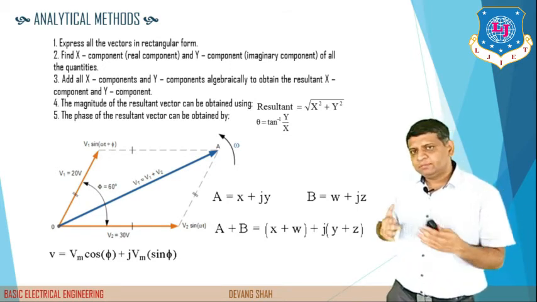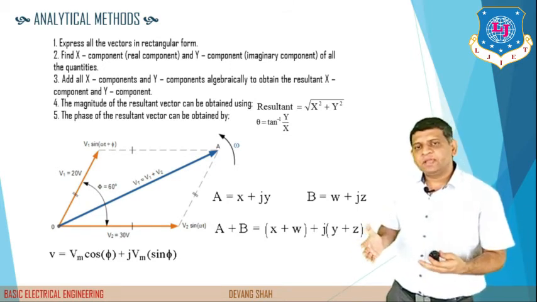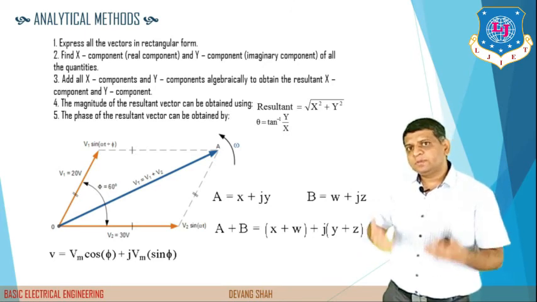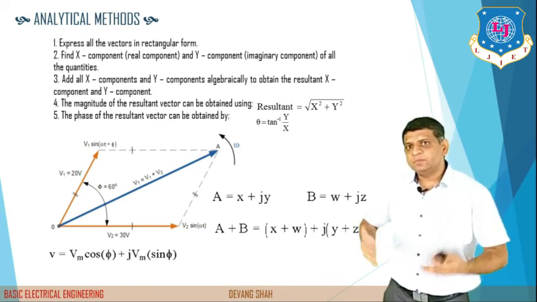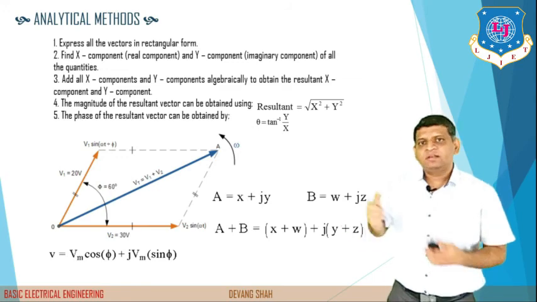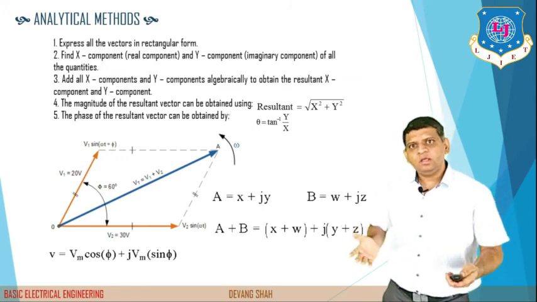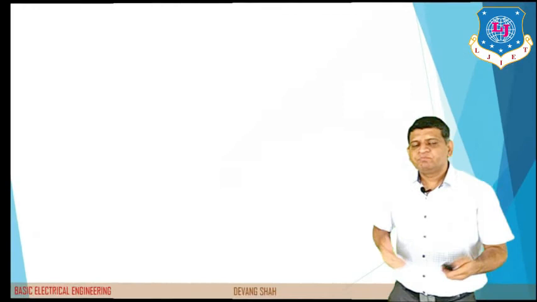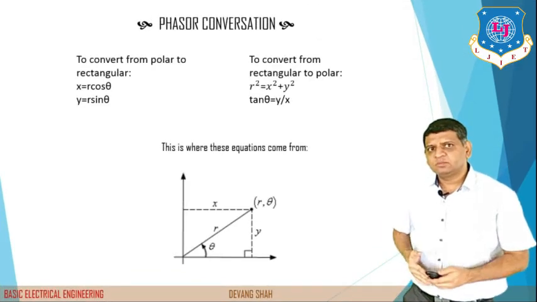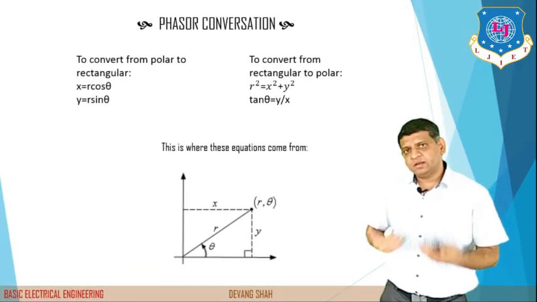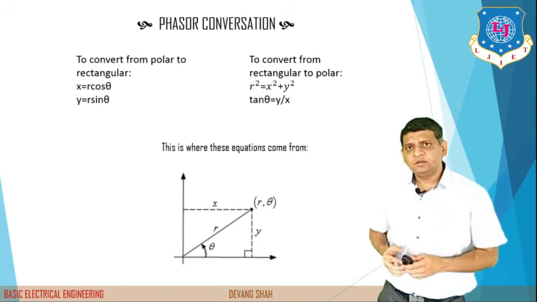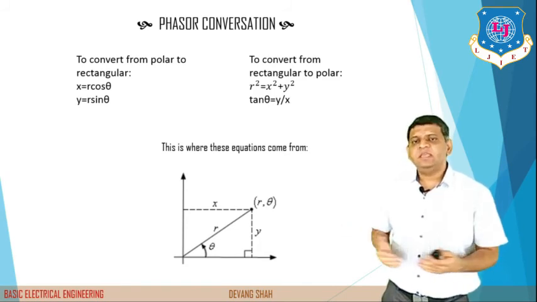By this representation we can understand that if you want to represent any AC quantity, you can represent it by two methods. One is called the graphical method and another one is called the analytical method, right? After this method you can represent any AC signal in two ways.